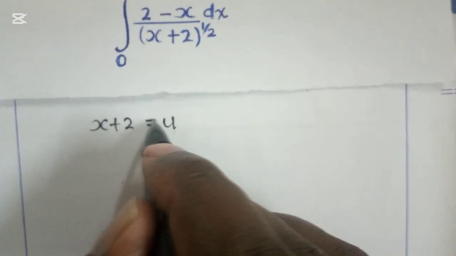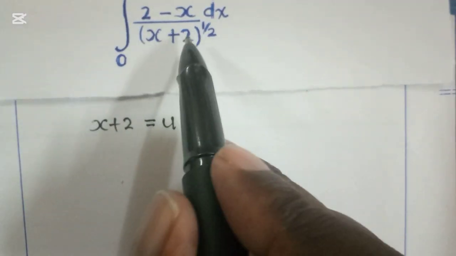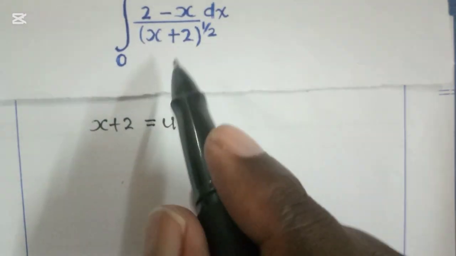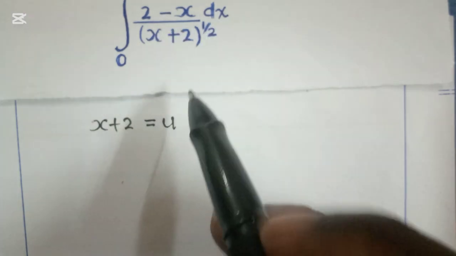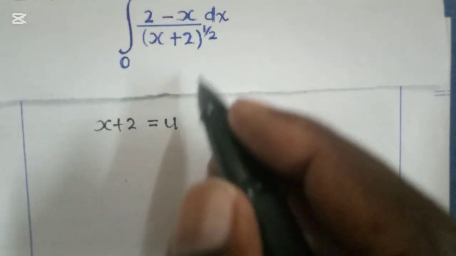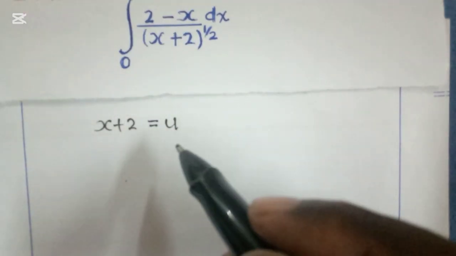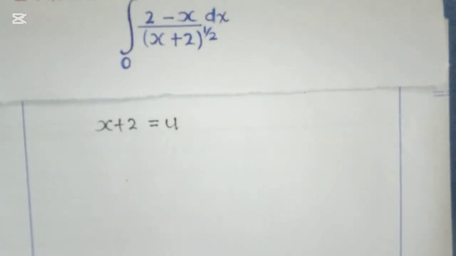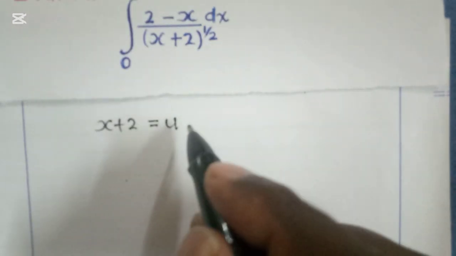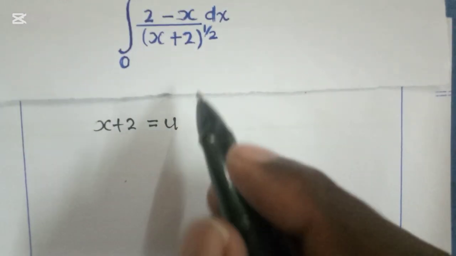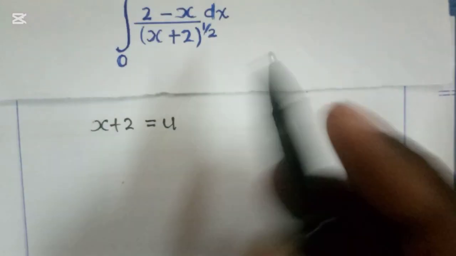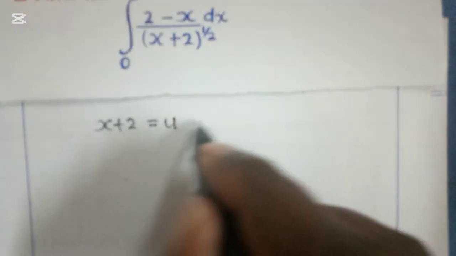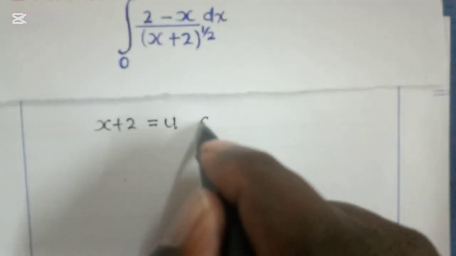The reason why we always substitute is that sometimes it is hard to do the question the way it is, and so we can opt to substitute or use any other method that we find convenient for us. So once I have written that, I now look for du.